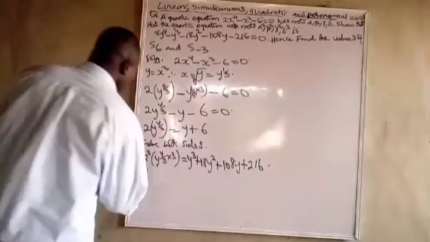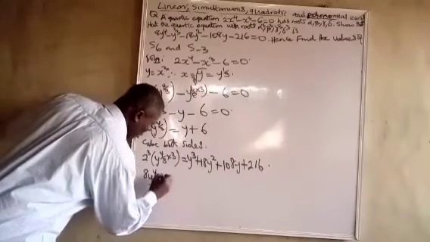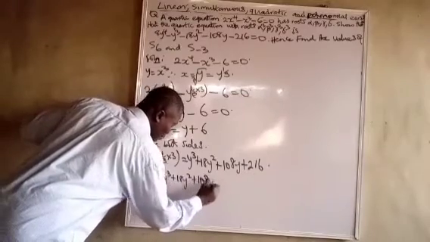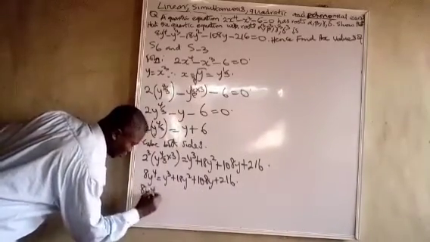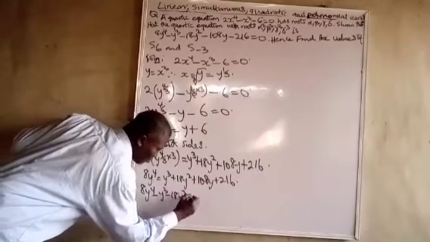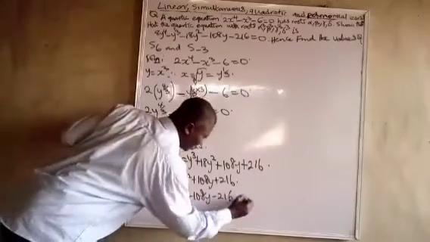So I can now say 8y raised to the power 4 is equal to y cubed plus 18y squared plus 108y plus 216. So the new equation will now be 8y raised to the power 4 minus y cubed minus 18y squared minus 108y minus 216 equals 0.